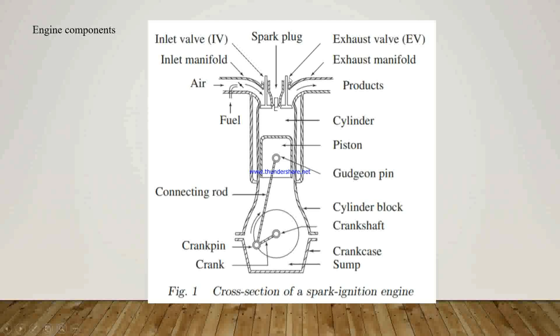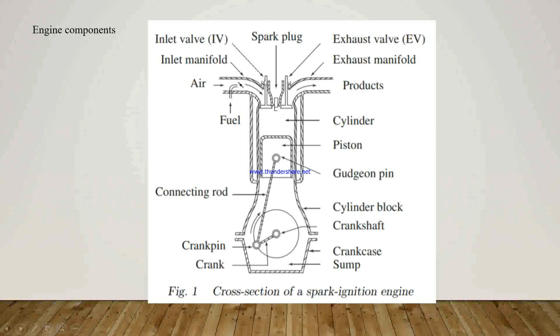These valves are commonly mushroom shaped poppet type, and they are provided either on the cylinder head or on the side of the cylinder. They regulate the charge coming into the cylinder, that is the inlet valve, and the discharging of the products of combustion, that is the exhaust valve. Here the inlet valve and here the exhaust valve.